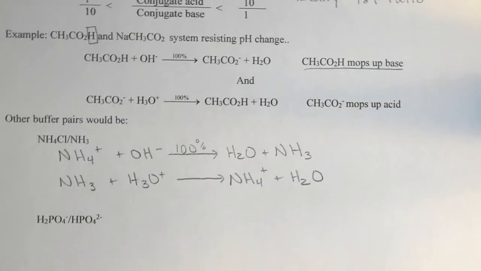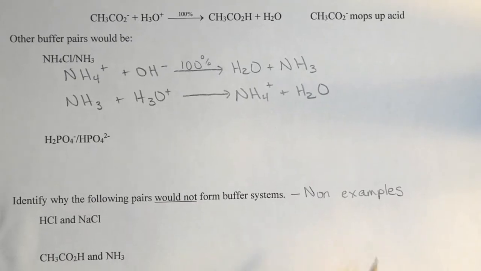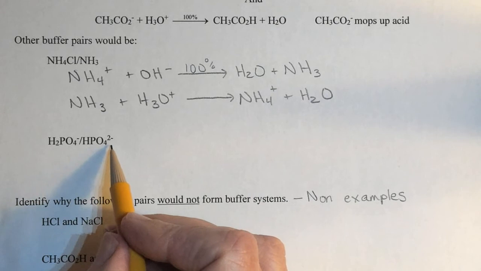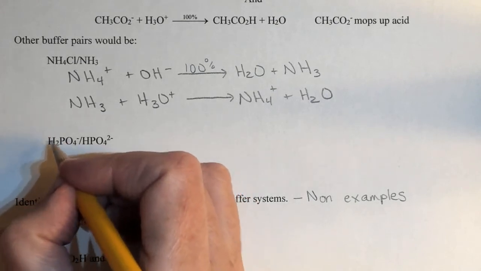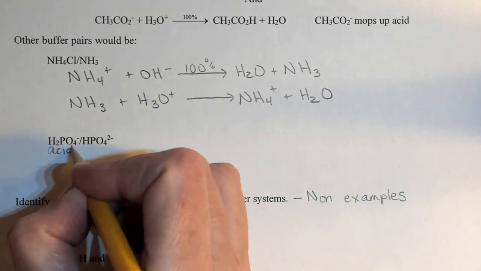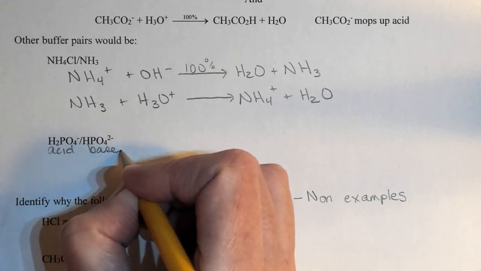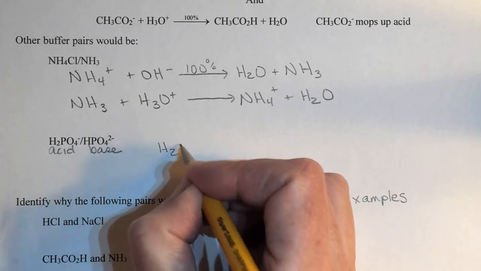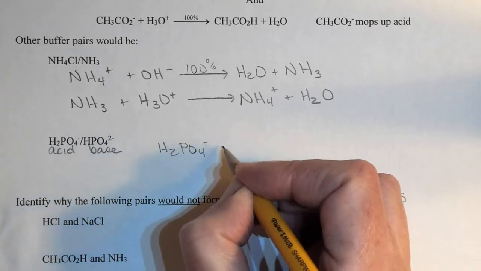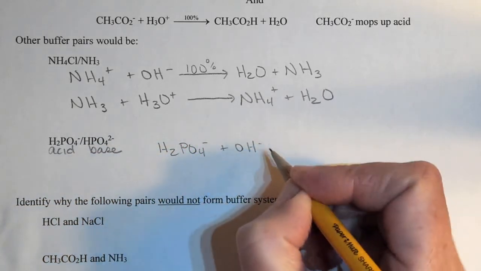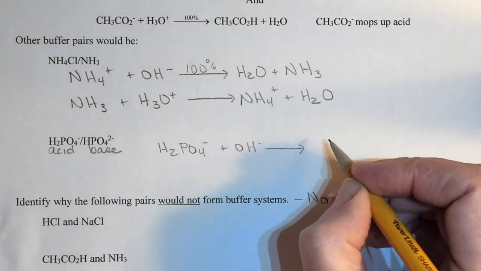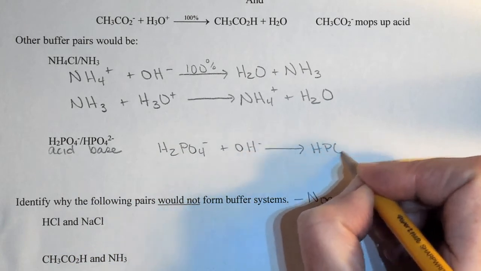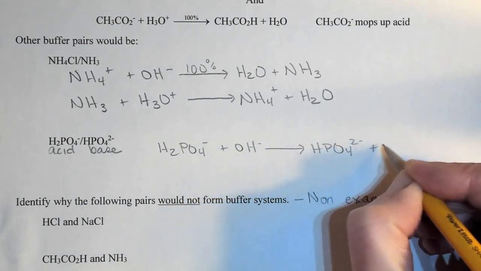Another example would be H2PO4 minus and HPO42 minus. This is our acid. This is our conjugate base. So we would have H2PO4 minus would react with any strong base that is added to form HPO42 minus plus H2O.